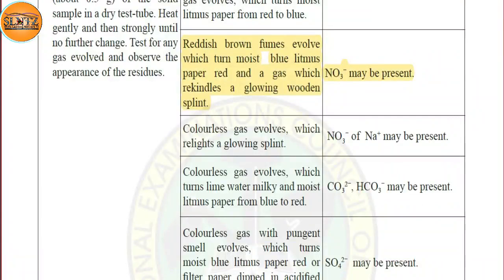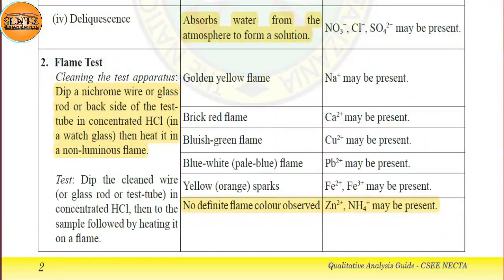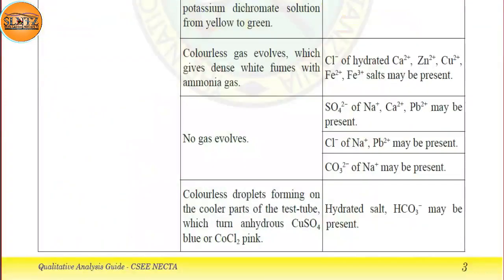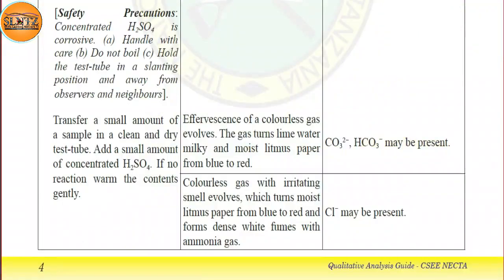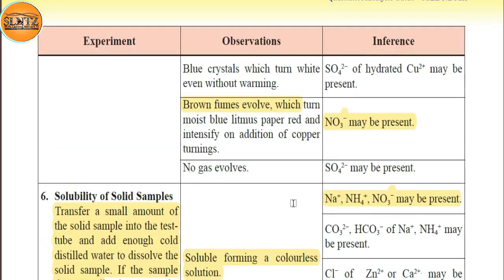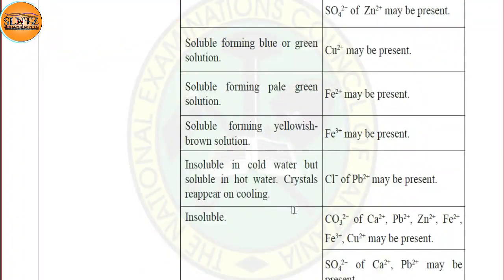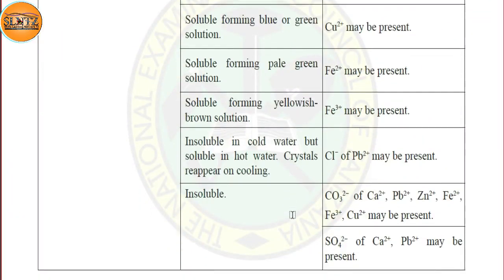You see there is nitrate, and then we have nitrate, sulfate, chlorine, and ammonia, sodium, calcium, zinc, lead may be present. And then to perform testing solution, we have to consider those from the preliminary testing.